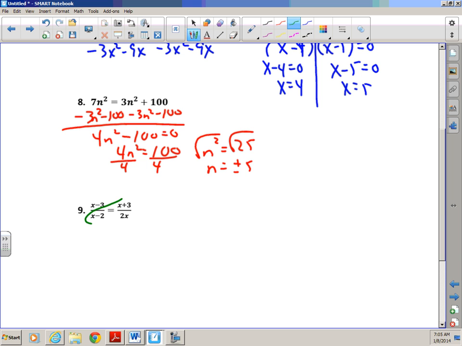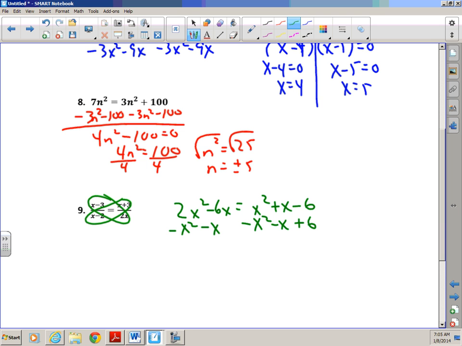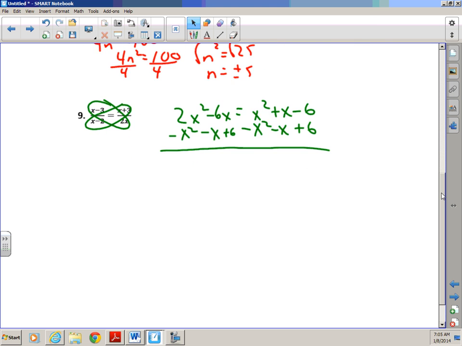Lastly, you've got to cross multiply. We've seen this a number of times. 2x squared minus 6x equals x squared plus x minus 6. Get everything over to one side. So x squared minus 7x plus 6 is equal to 0.